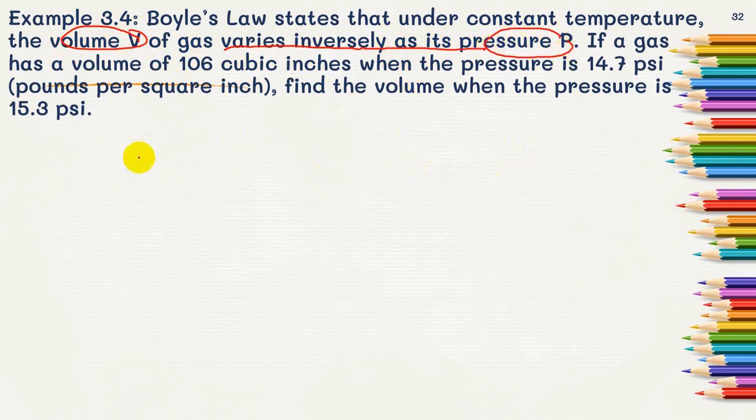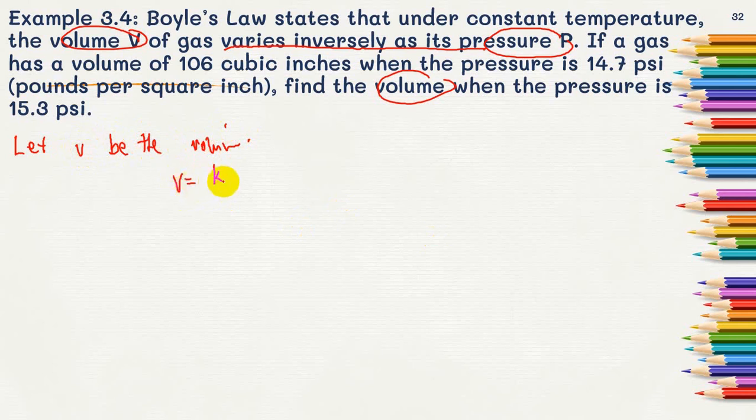So what is the unknown value? The unknown value is the volume. Alright, so we will be representing volume as V. Okay, so let's have our variation equation. So our variation equation is the volume varies inversely as the pressure.